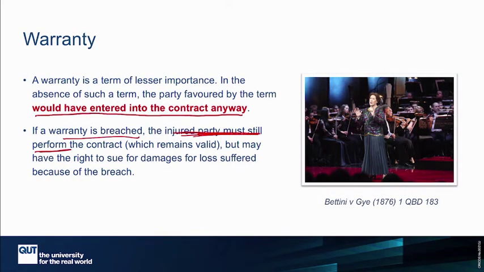Now let's contrast this with Bettini and Guy. So Bettini was a tenor and had promised to perform for Guy. So there was a contract between Bettini, the tenor, and Guy, who was going to get Bettini to actually perform.